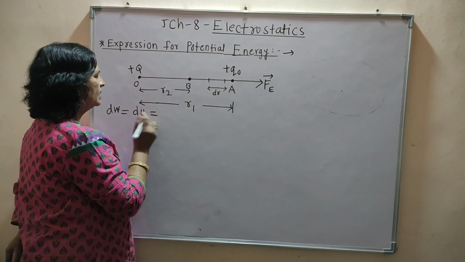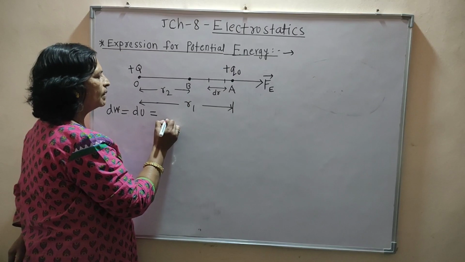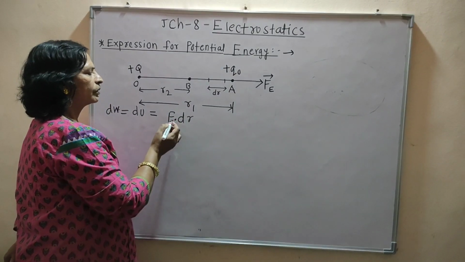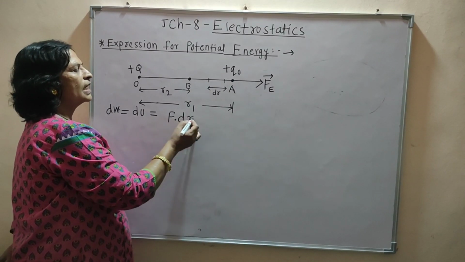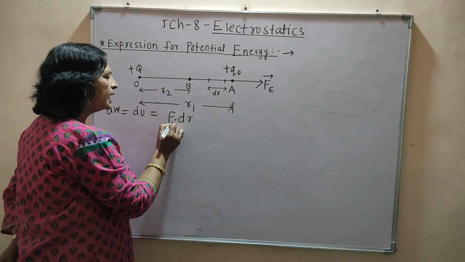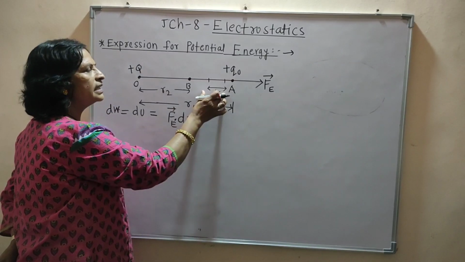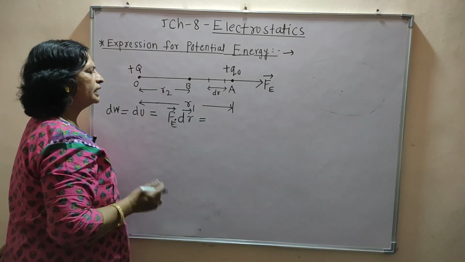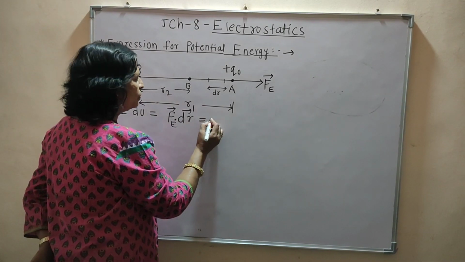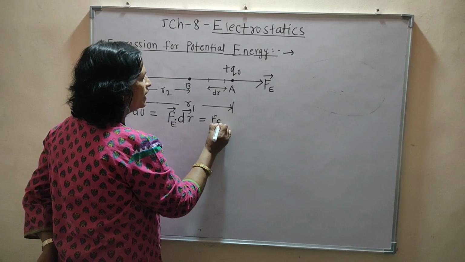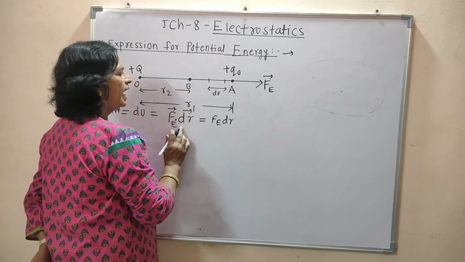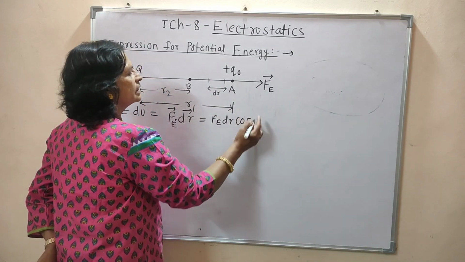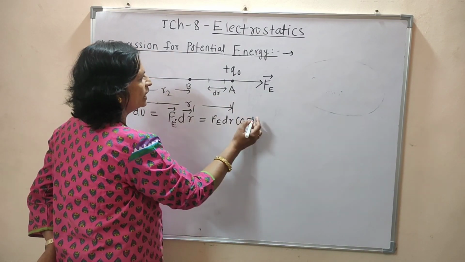The work done is nothing but force into displacement, the scalar product of the force vector and the displacement vector. The force is Fe and the displacement is dr. If a dot product is there, it is the product of the magnitudes of the two vectors, Fe into dr, and cos 180 degrees, because they are oppositely directed.